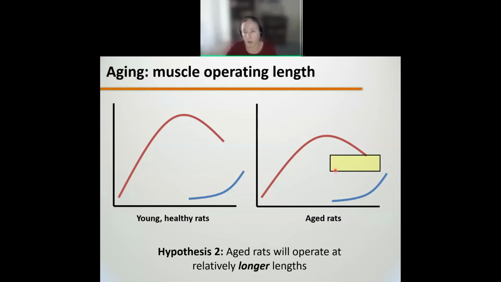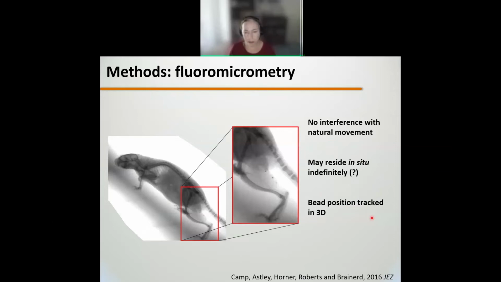They might be doing this not because they want to, that's kind of a terrible way to talk about things in biology, but rather because there's simply an absolute distance that the muscle has to work at to make a joint work, or to produce a good enough movement at the joint. And so at these long lengths, they're of course in danger of doing some damage. So that might be limiting force production in different ways. Or they could operate at relatively shorter lengths, thereby staying away from these potentially longer lengths that could cause damage. So these are the hypotheses going into the system.